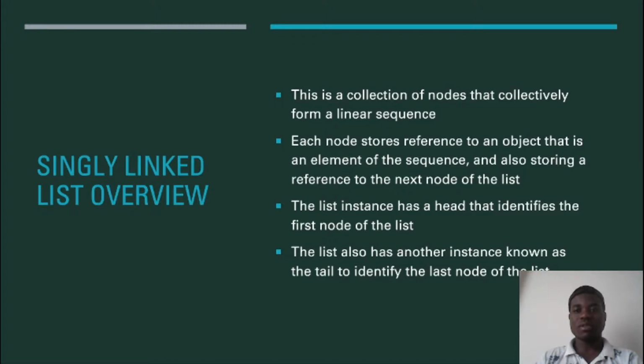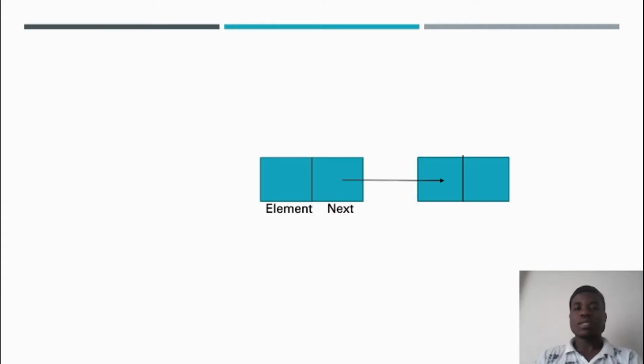Each node stores a reference to an object that is an element of the sequence, and also stores a reference to the next node of the list. Then the list instance has a head that identifies the first node of the list. The list also has another instance known as the tail to identify the last node of the list.